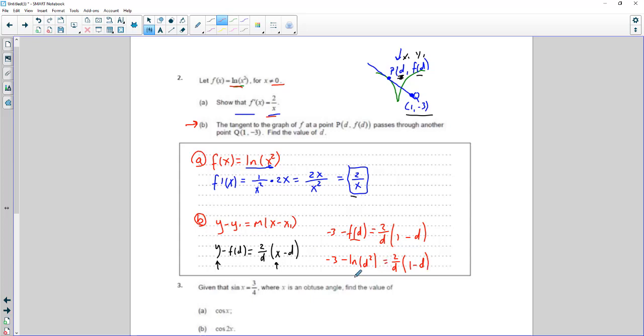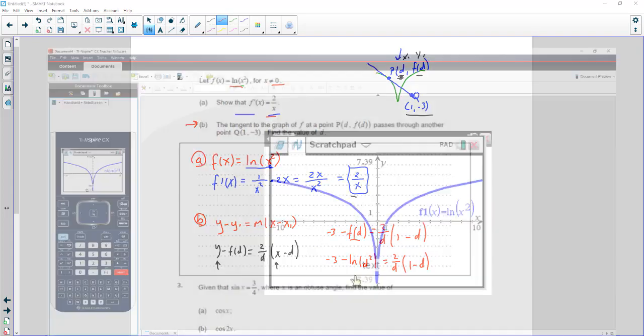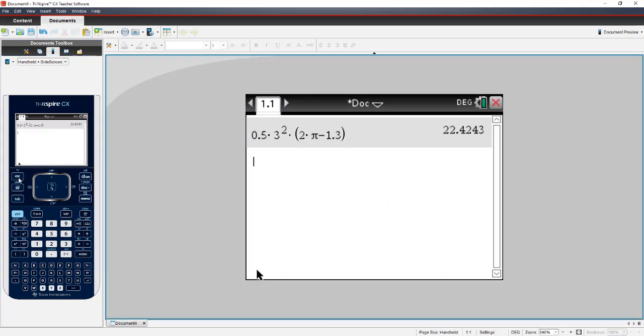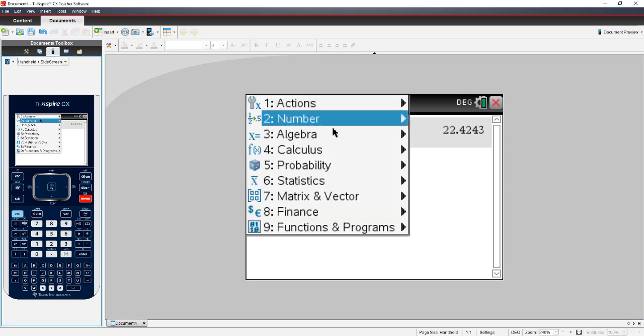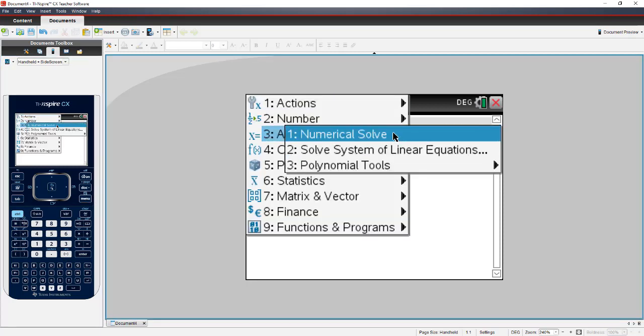Which seems kind of horrendous, but once we have this equation, we can just put it in the calculator and solve it for d. And that's all you really can do, honestly, guys. So if we were to do that, let's hit escape here. What we have here is we're going to go to menu, algebra, numerical solve.